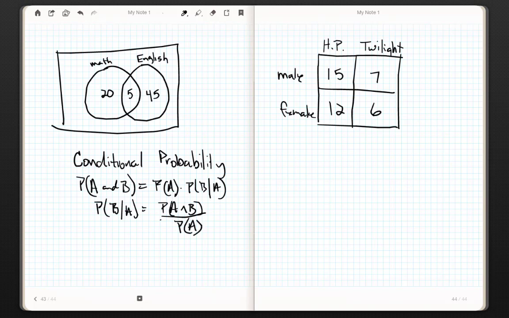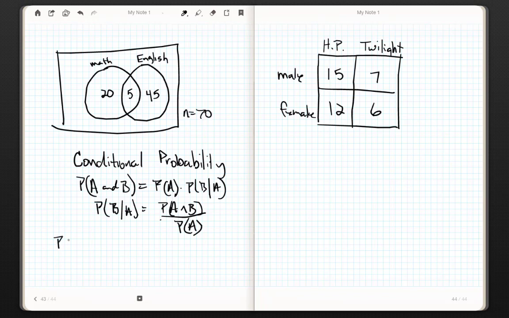Now, we're going to play around with this just a little bit with these two charts that I just did. So let's have a little bit of fun. First things first, if I'm looking at this Venn diagram and I eyeball it, hopefully it's relatively easy to see that n equals 70.